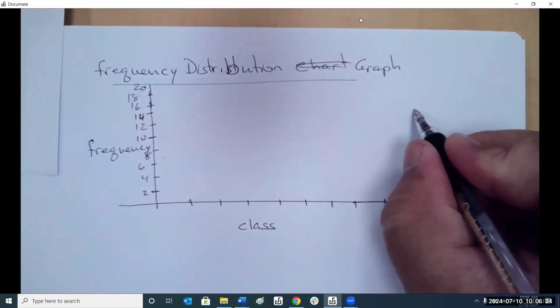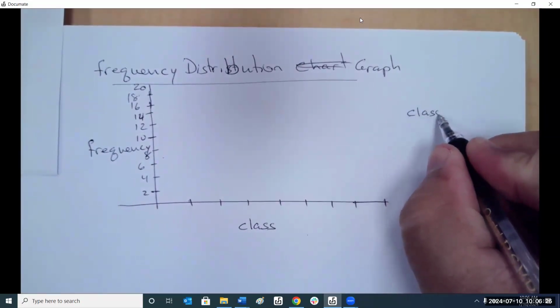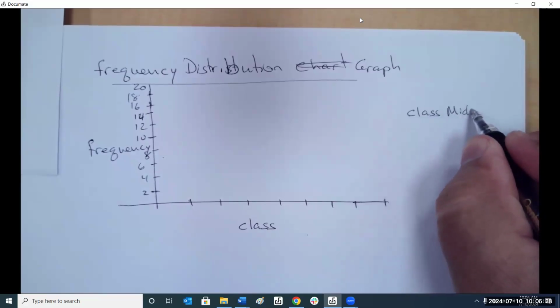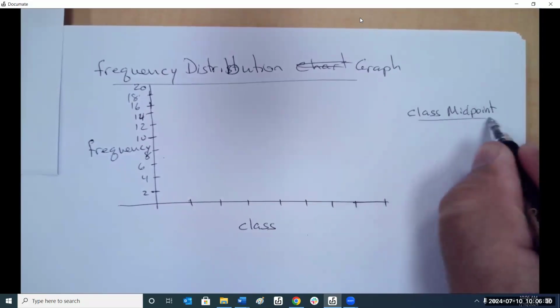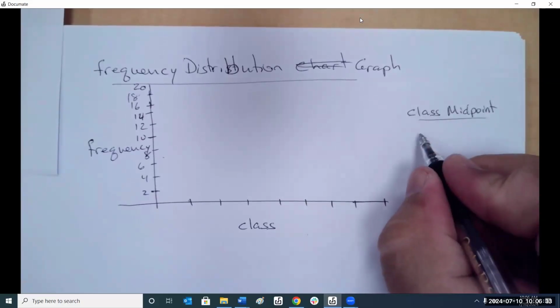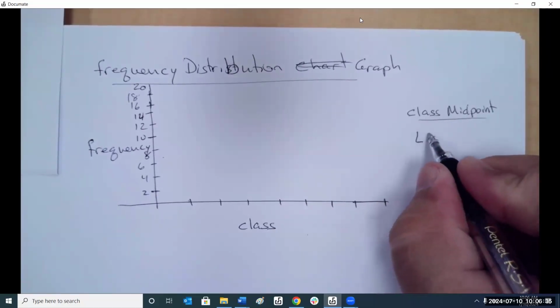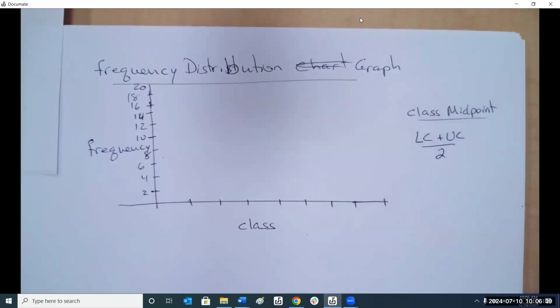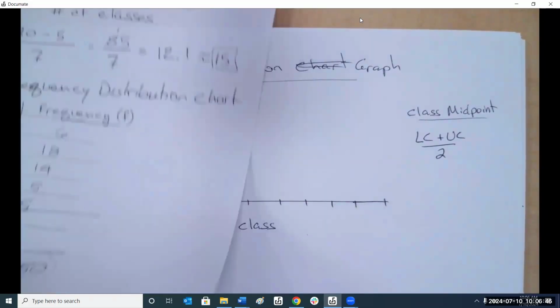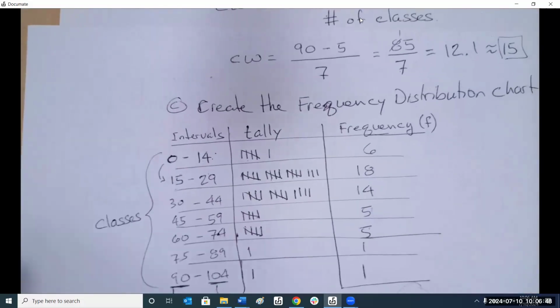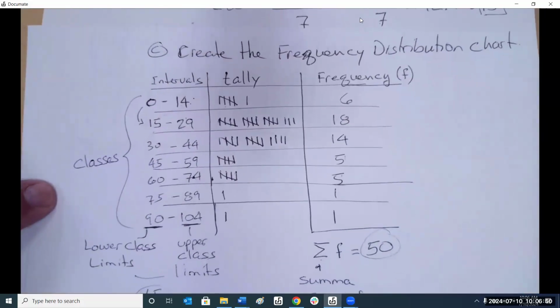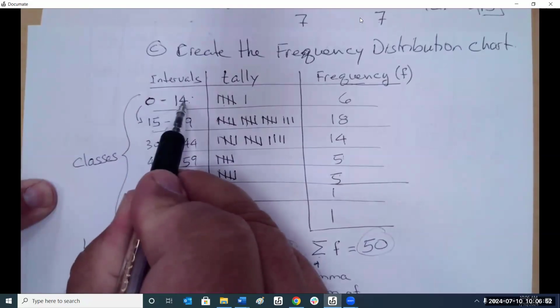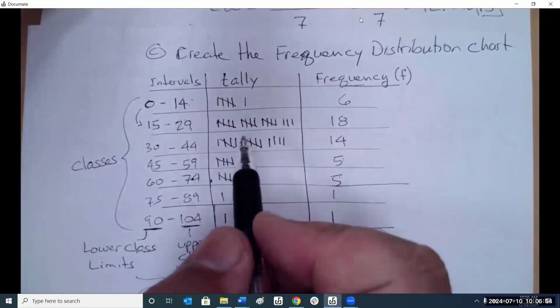What we want is the class midpoint. Take the lower class, add it to the upper class, and divide by 2. So you're taking the average. 0 plus 14 divided by 2 is 7.